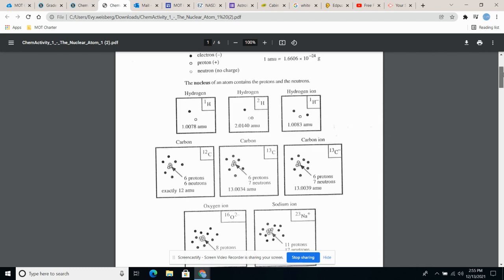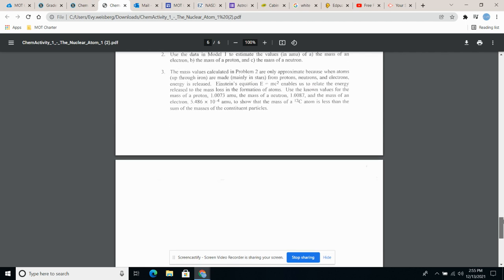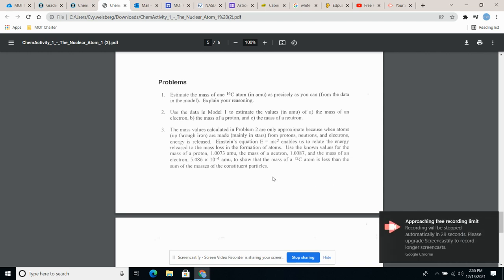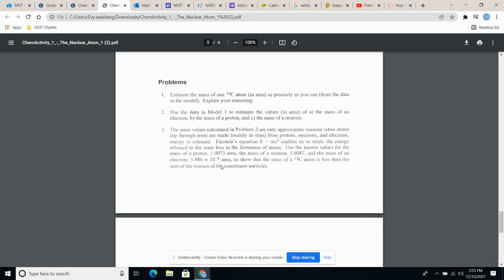So the last question, it seems very difficult, but it's not as difficult as you think. It tells a lot about Einstein's equations, but it essentially just wants you to do the same type of math by using the known values for how much a proton, a neutron, and electrons have in mass.